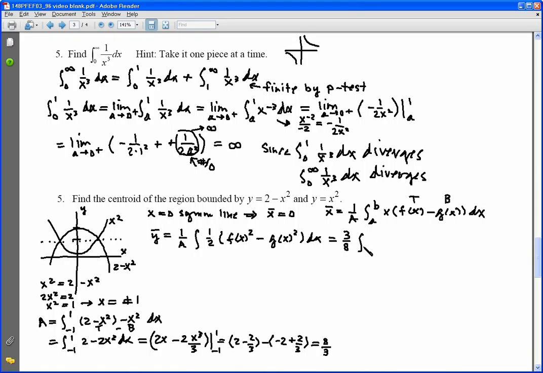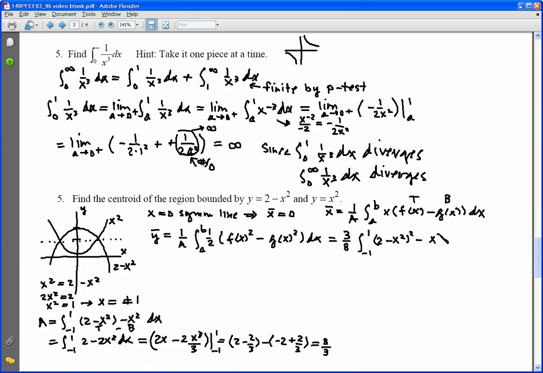And then we're doing integral, well, this is integral a to b here. And our integral is -1 to 1. And our f of x squared, that's our top function squared, so this is 2 minus x squared minus bottom function squared.